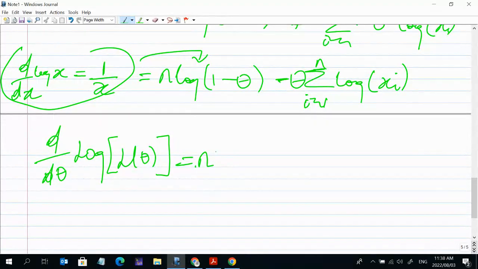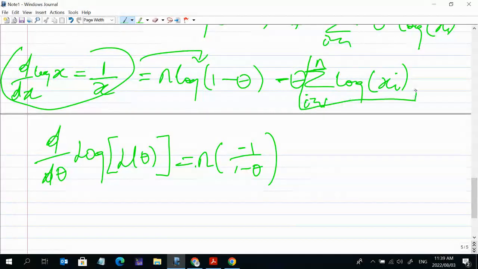So we'll have our n there as a constant. Now we have 1 minus theta. When we differentiate 1 minus theta with respect to theta, 1 is a constant, so that is 0. We differentiate minus theta with respect to theta, we get minus 1. So we have minus 1. Then here we have minus theta multiplied by this summation, which is a constant.